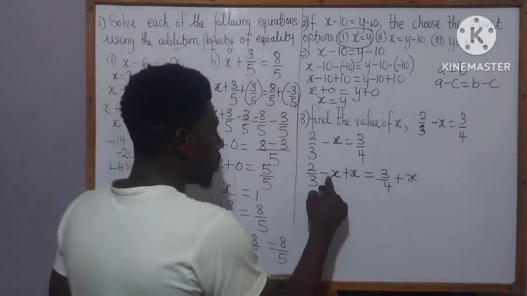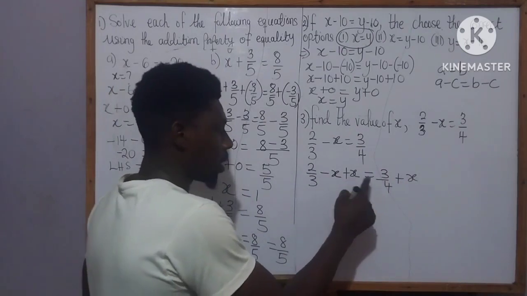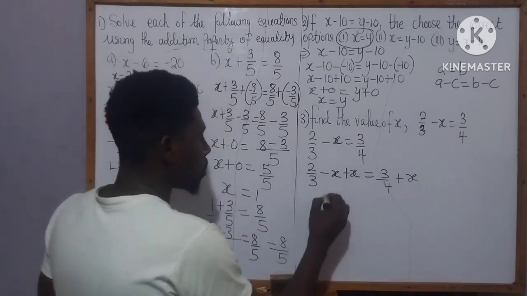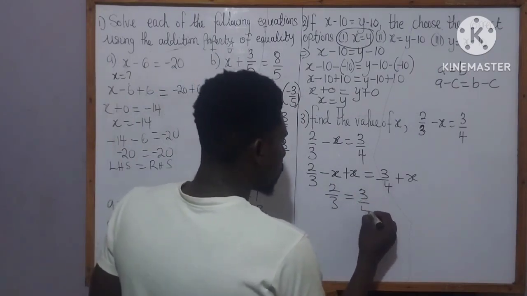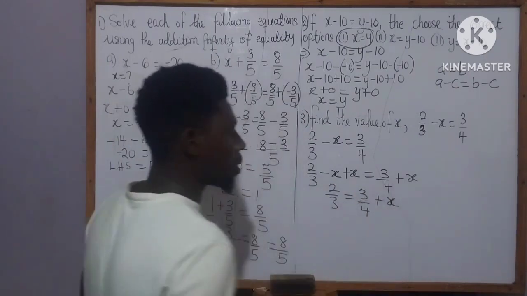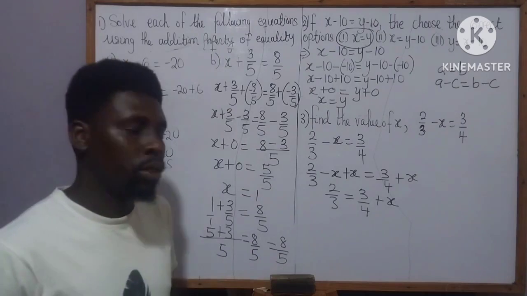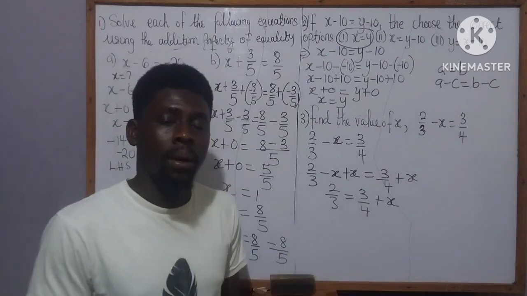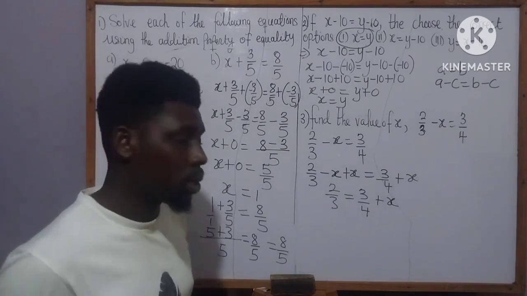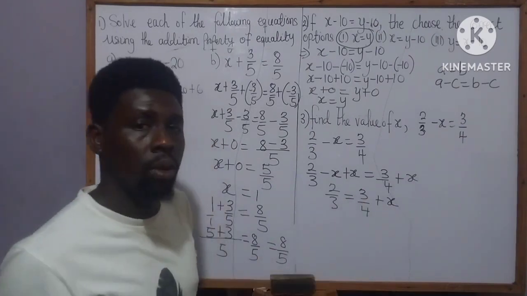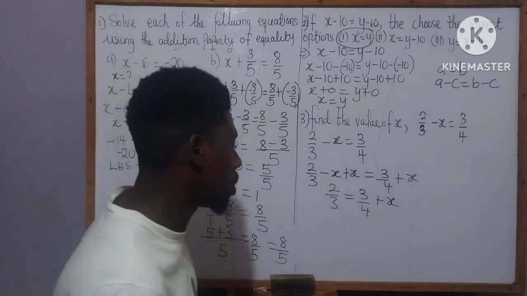Okay, so this negative x plus x gives us 0. So I'm going to get 2 over 3, which is equal to 3 over 4 plus x. Okay, so as I have right here, this time around, I'm going to use the subtraction property of equality so that x can stand alone at the right hand side of the equation.